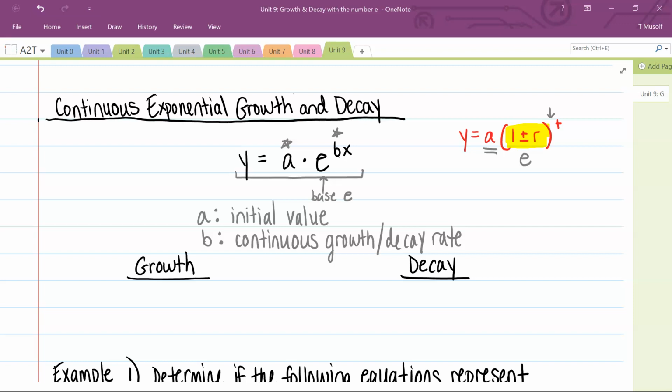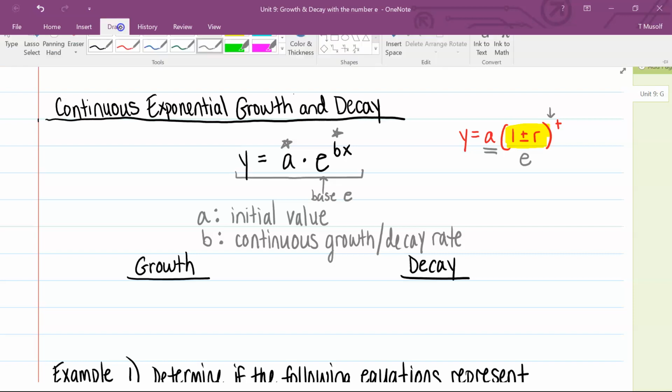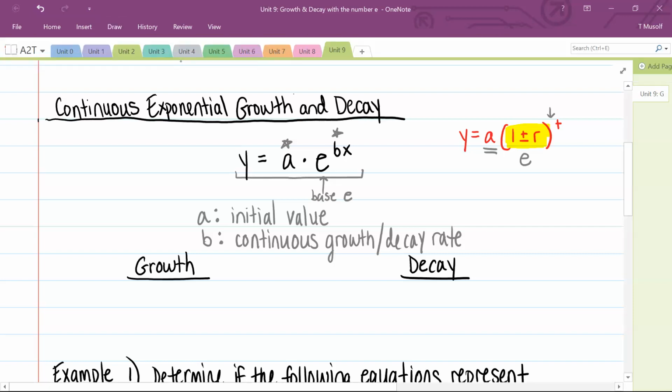It doesn't come up much. We can still refer to it as the growth rate or the decay rate, but next year you'll see how that value is a little different. In this equation, the way you can tell if you're dealing with growth or decay, because in the last equation you could tell by plus or minus, but here we don't have that, is this: growth is if B is positive, greater than 0.